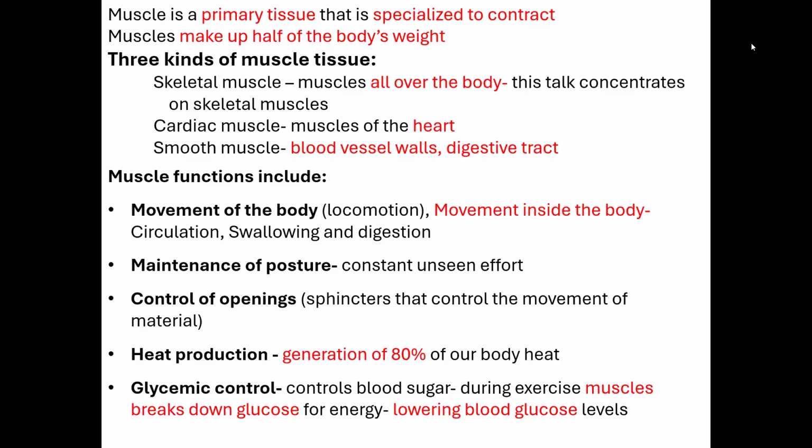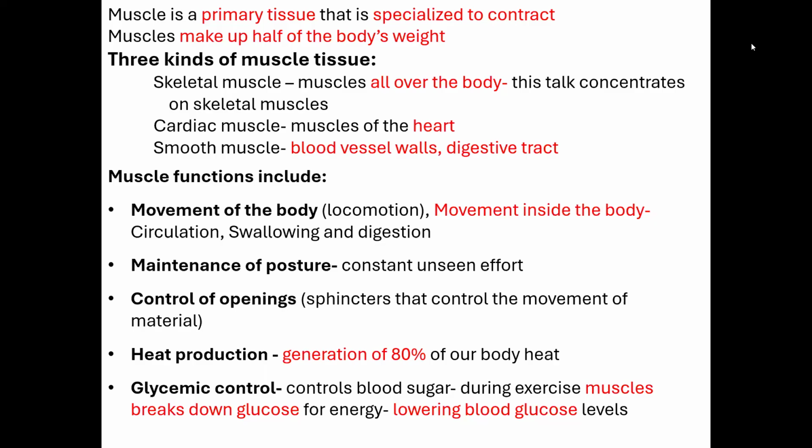It's a sphincter muscle, exactly. Sphincter means it's a circular muscle, correct. Again, muscles produce heat. So your body has to keep its temperature. And heat production is a main function of the muscle.